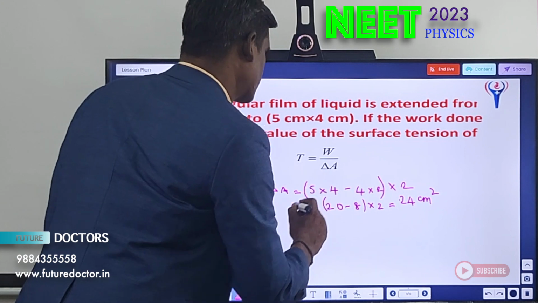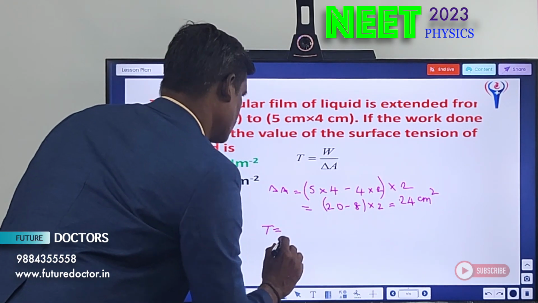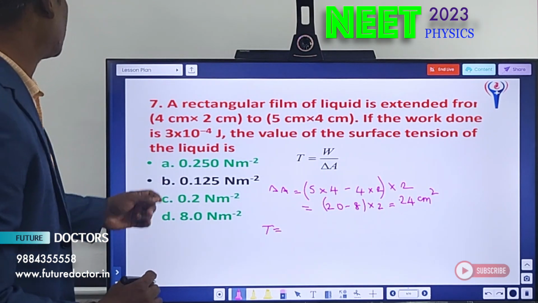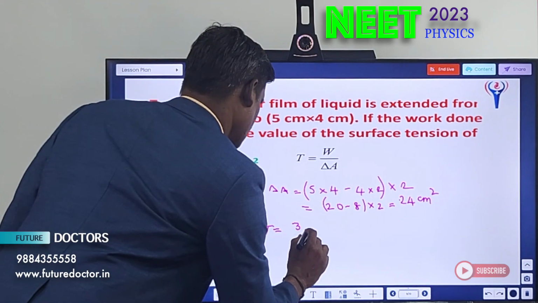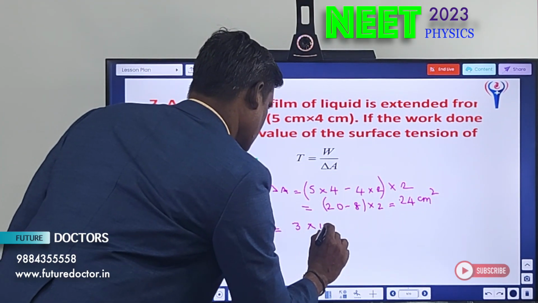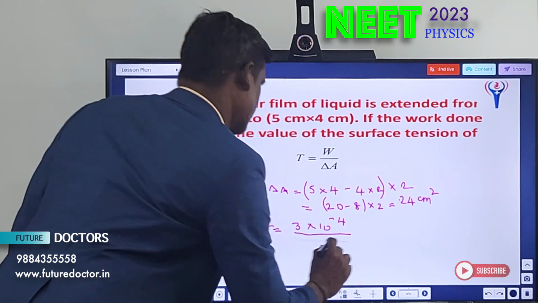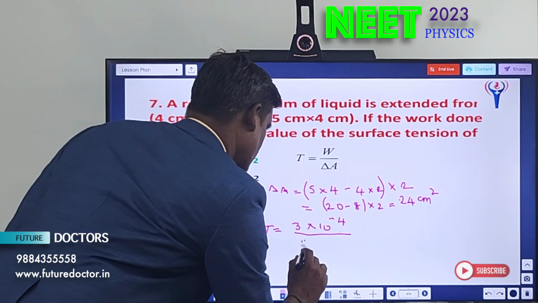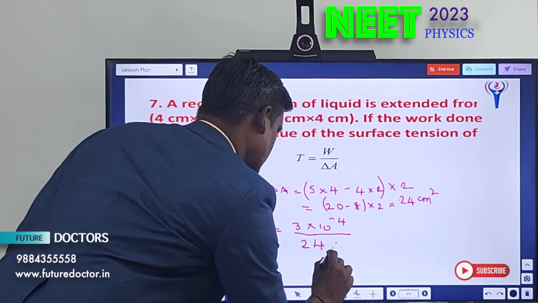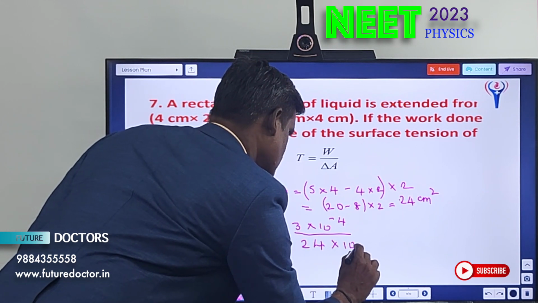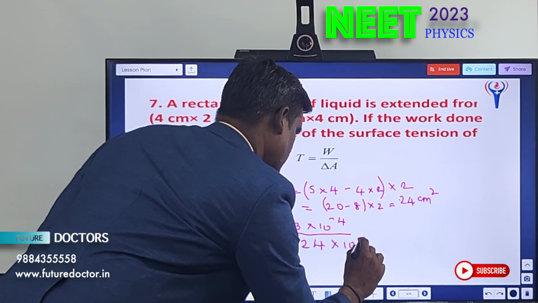Surface tension T equal to W by delta A. W is given, 3 into 10 power minus 4, divided by 24 centimeter square. Converting centimeter into meter, that is 10 power minus 2 whole power 2, so 10 power minus 4.